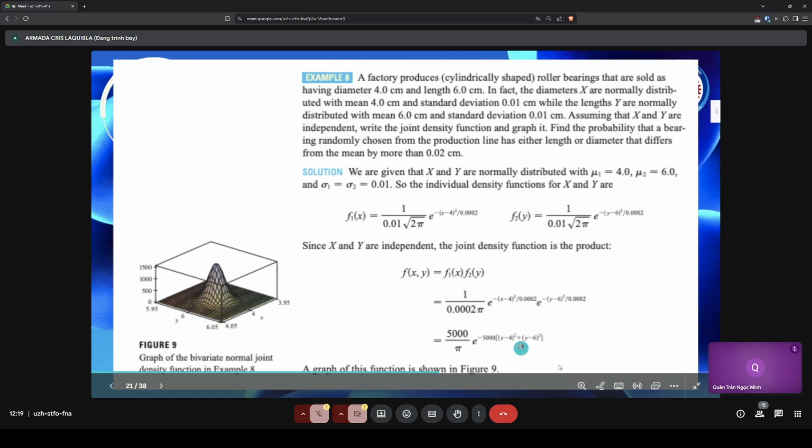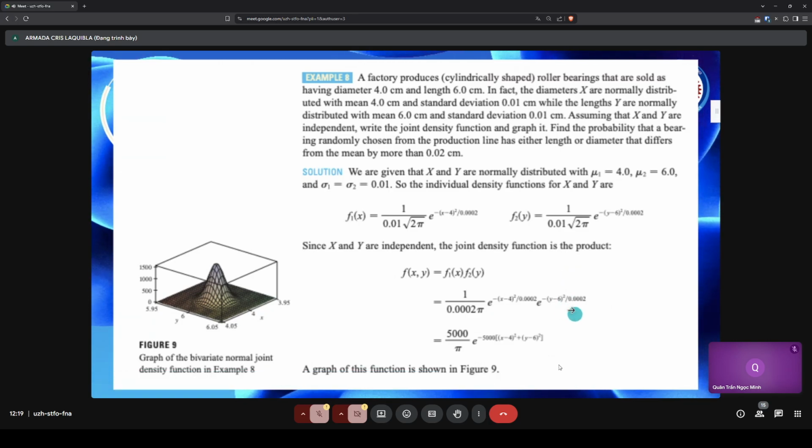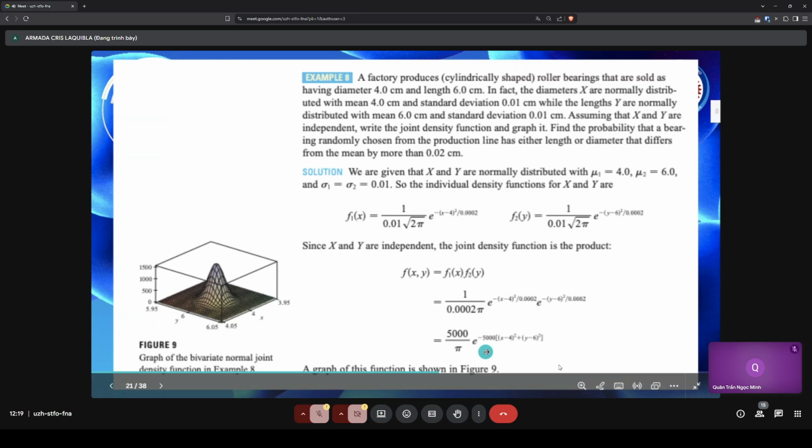So this becomes positive now because the negative is factored out here already in the negative 5,000, and that is 0.002. This is 1 over this one is 5,000. That is why the 5,000 is there outside. So you have there negative 5,000 times (x minus 4) squared plus (y minus 6) squared. Okay, and that is now your function.